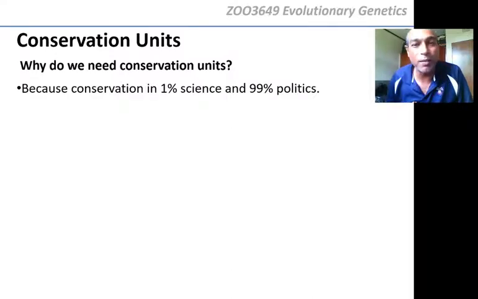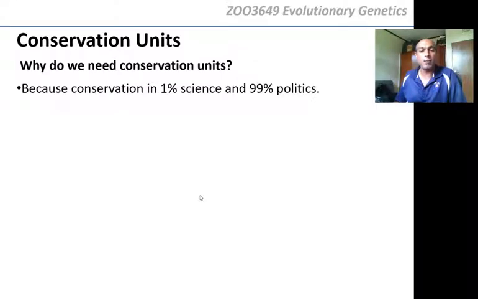Politics is just a way of saying individual interests. It's the opposite of the interests of the country. And so in conservation, it's individual interests that hold more sway than science, which is why we say conservation is 1% science and 99% politics, because most of the decisions made are not based on the science.